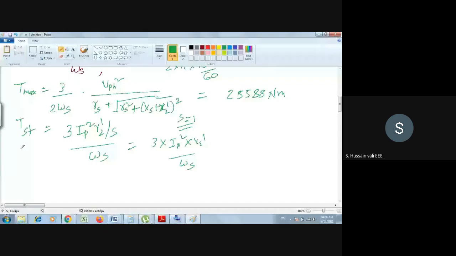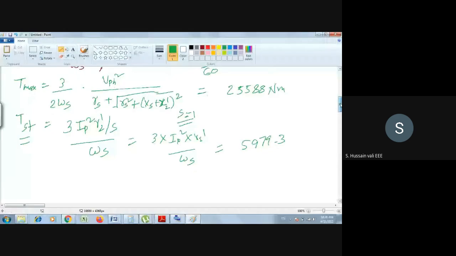Everything we have. The difference between the starting torque and the rated torque is that in place of S value 0.02, here S is equal to 1, because at starting your speed is 0. So substitute this and we'll get the answer. I'm leaving this substitution to you because time is over already. Do the substitution and calculation yourself using the calculator.